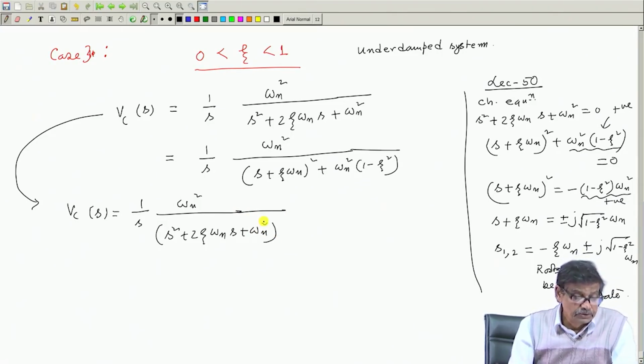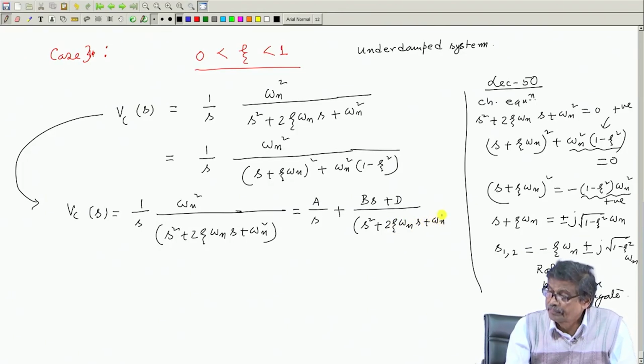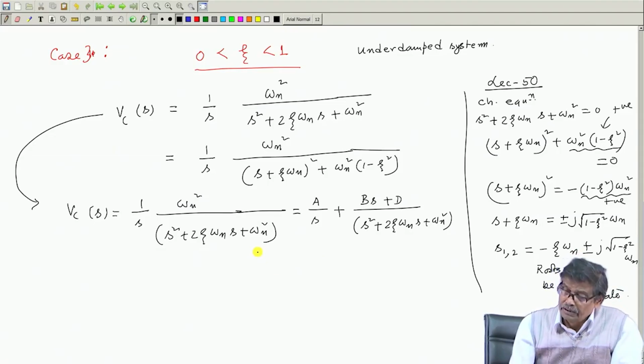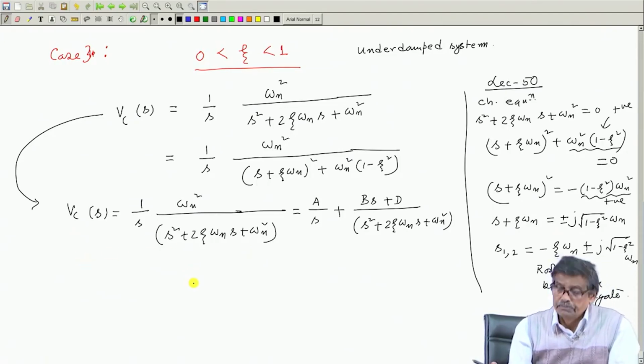So, I will assume that this is equal to A by S plus B s plus D over S square plus 2 zeta omega n s plus omega n square, because a square term is there. We will treat it as an identity and try to find out the values of A, B and D.